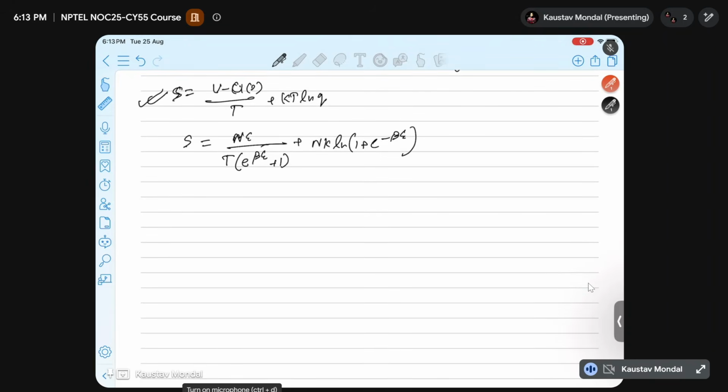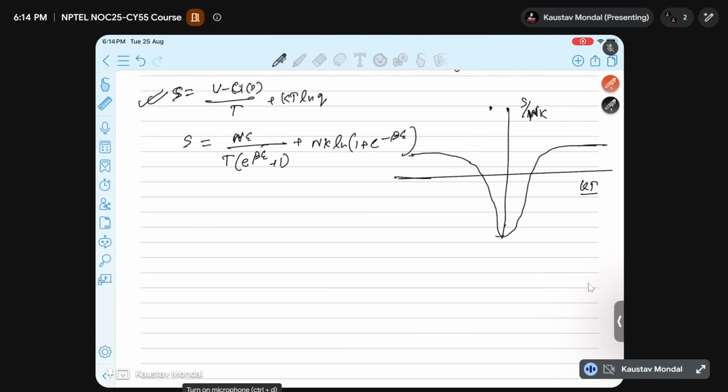So if you calculate the entropy for different limiting values, the entropy behavior looks like this. This is the direction to change the entropy, and this is the direction to change the temperature. Okay, this 0, here 0, -5, -10.